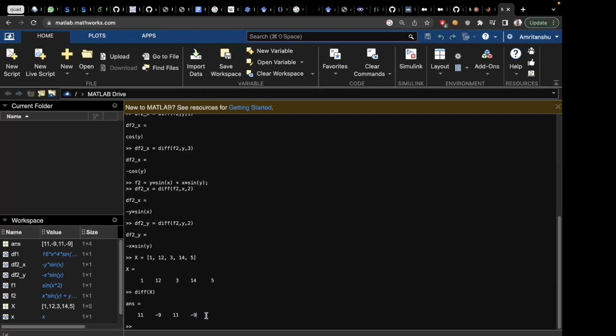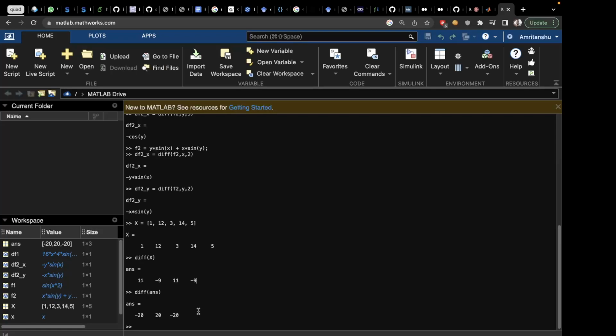As you would expect, if the original array has 5 elements, then the diff of that would have 4 elements only, so 1 less. And if I again do diff of this one, this would have 3 elements. So each time you do a diff, 1 element would reduce.